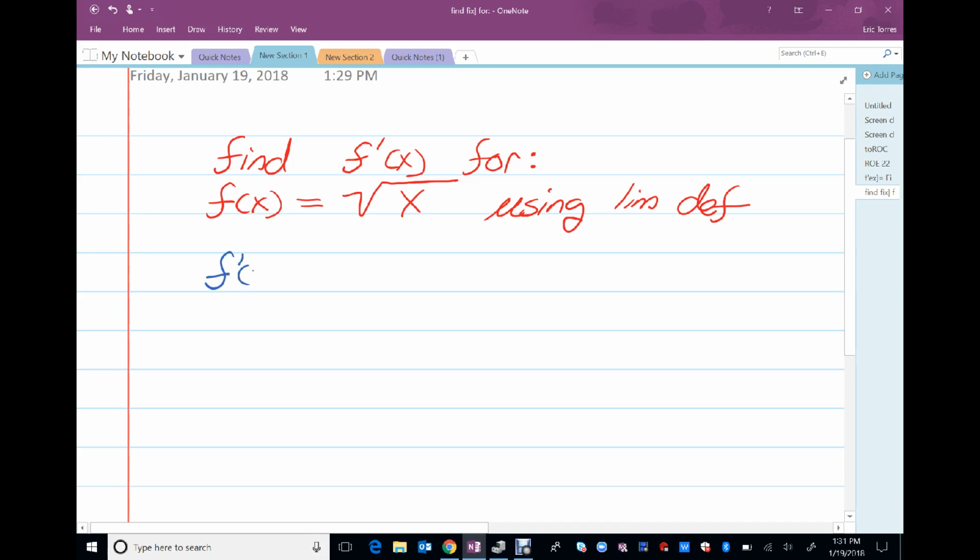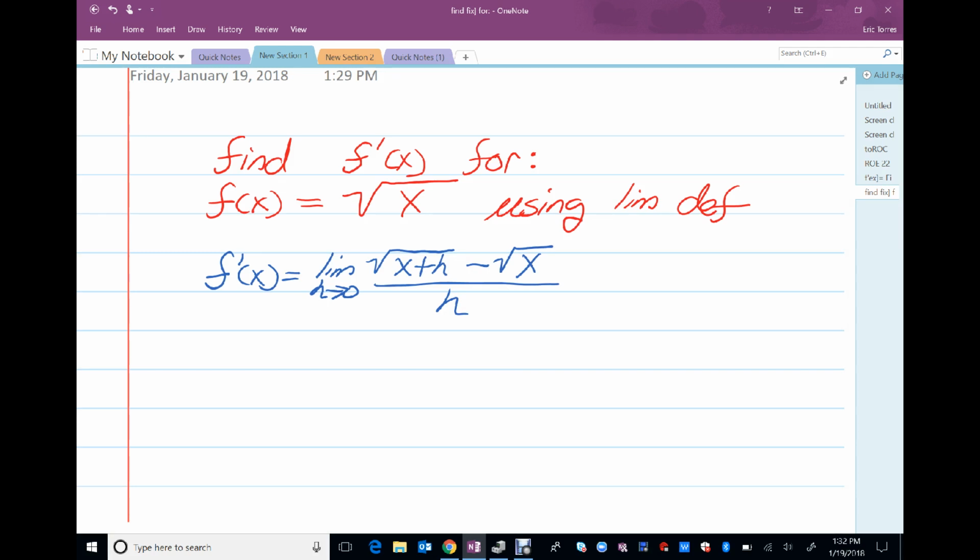F prime of x equals the limit as h approaches 0 of the square root of x plus h minus f of x all over h. So I'm using that limit definition, where it is f of x plus h minus f of x over h.